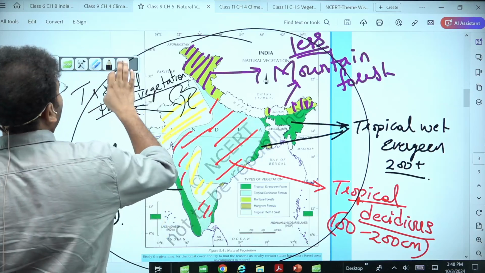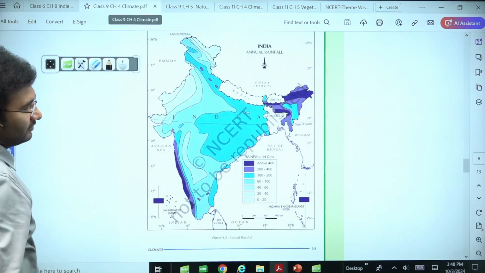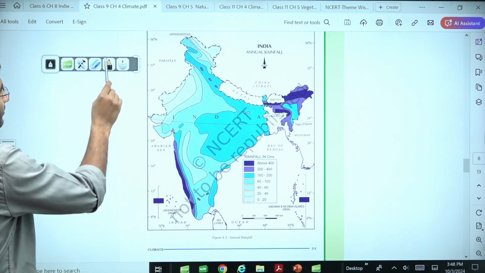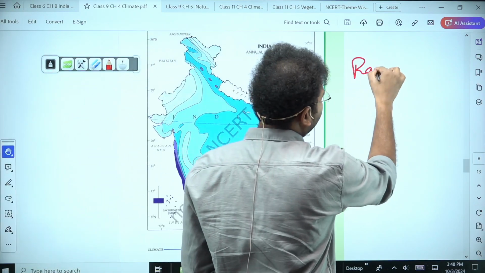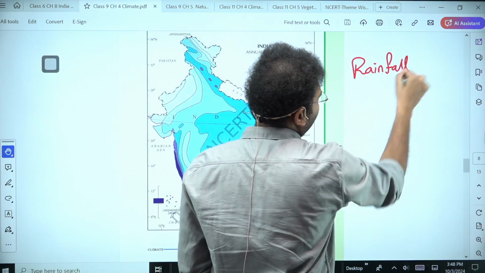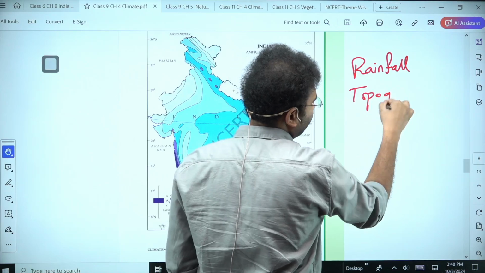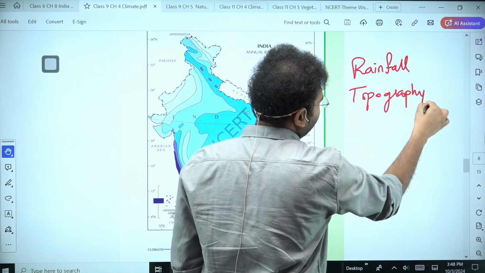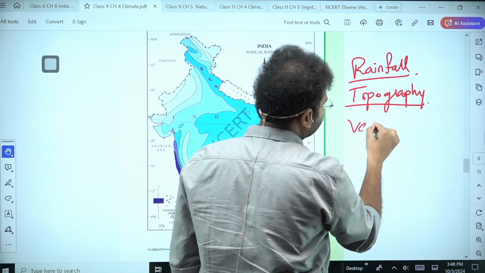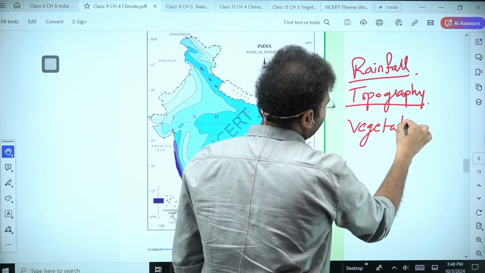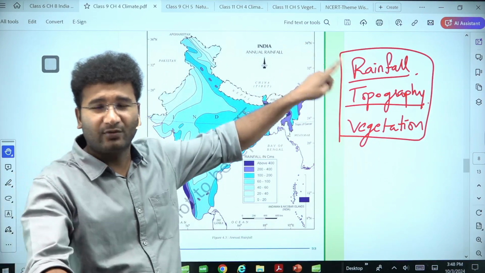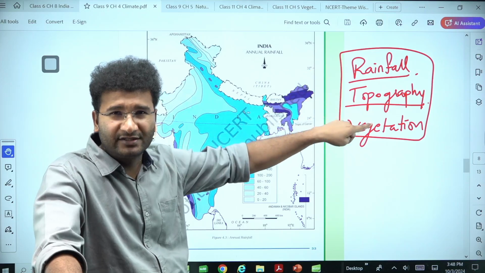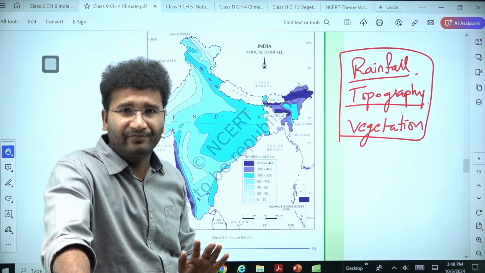Okay, now try to link it with the rainfall, topography, and vegetation. Don't you think they are all interlinked? Rainfall is linked with topography, topography is also linked with vegetation, right?